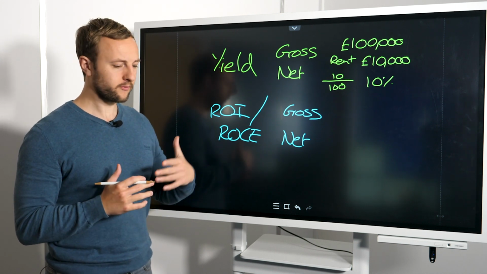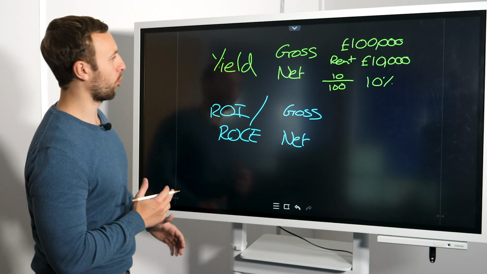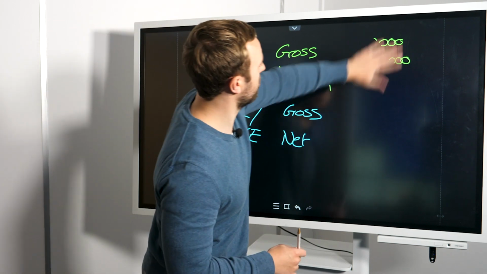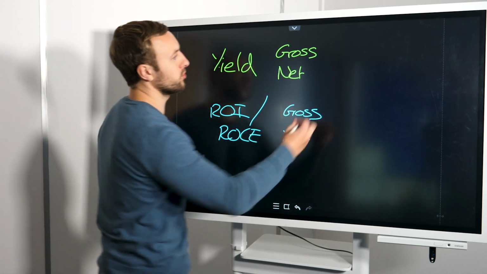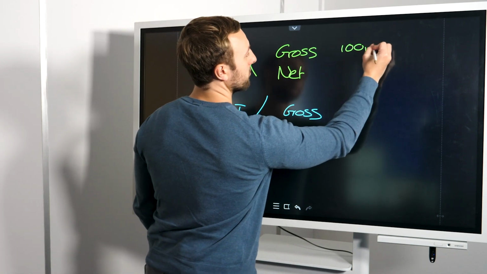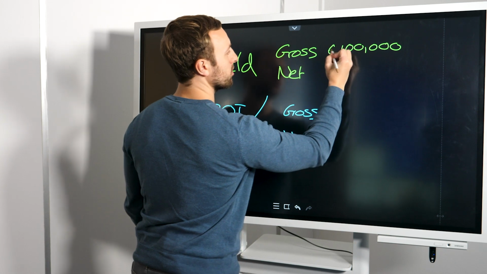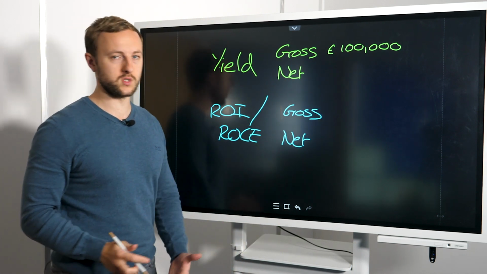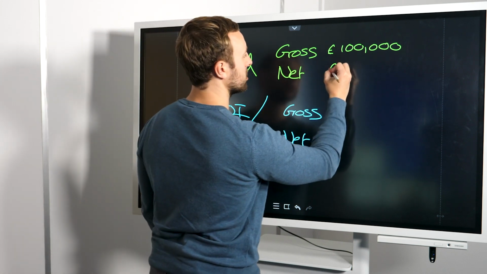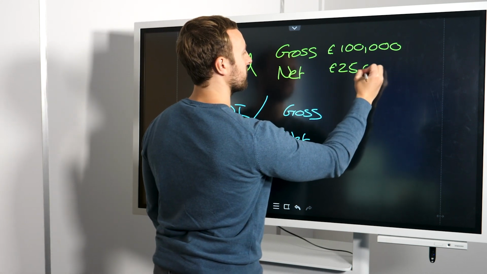Okay, so if you could have a property, and let's just take these numbers off here. If you've got a £100,000 property and you purchase it with a mortgage, normally with a mortgage you're going to get 75% loan to value, which means your cash is going to be 25,000 or 25%.